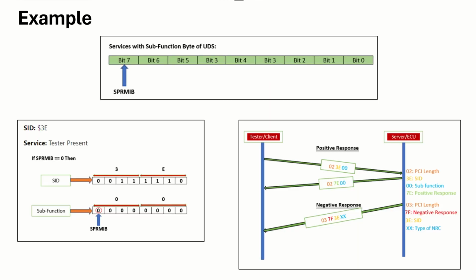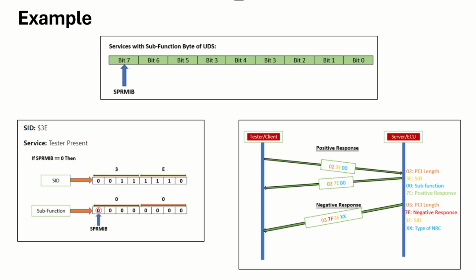Now let's look at an example to understand how SPRMIB works in a real diagnostic scenario. In UDS, services with the subfunction byte, like tester present service with service ID 3E, can make use of SPRMIB. So here you can see how the subfunction byte is structured with bit 7 designated as SPRMIB.